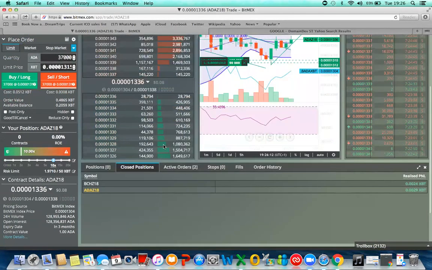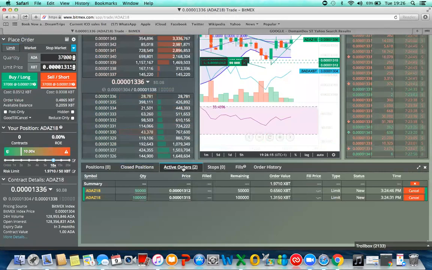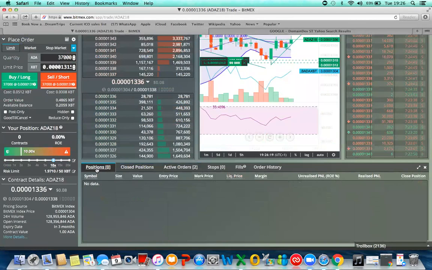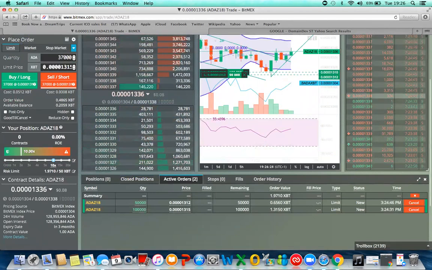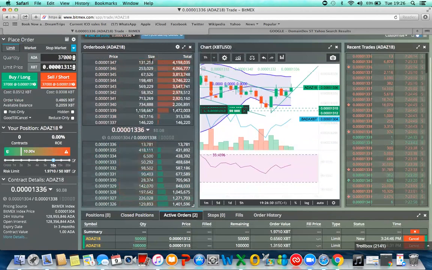If you go down here, for example, on the active contracts or active orders, once you see in the position that a trade has been executed, what happens, for example, let me see if I can actually show you a live example here at 13.35. I'll put one contract now, just to show you guys at 13.35.